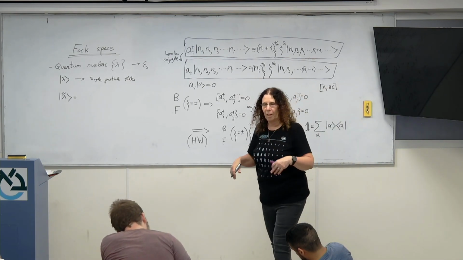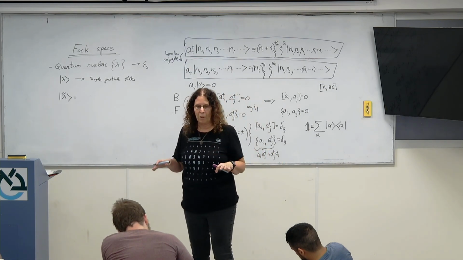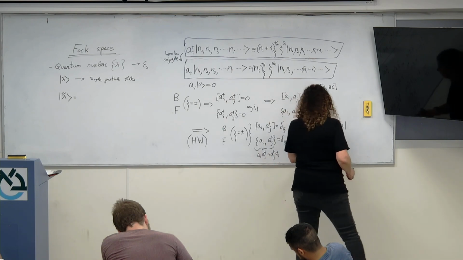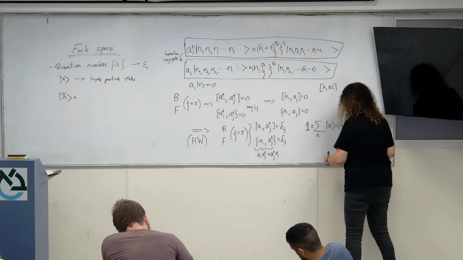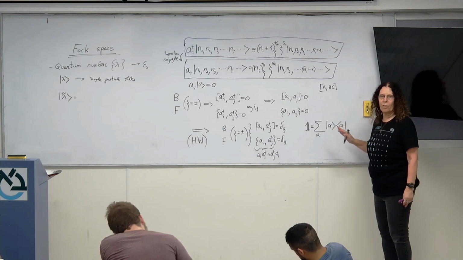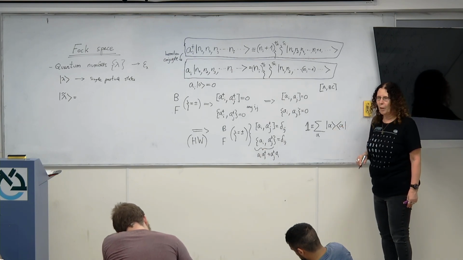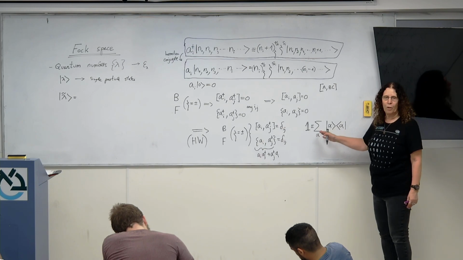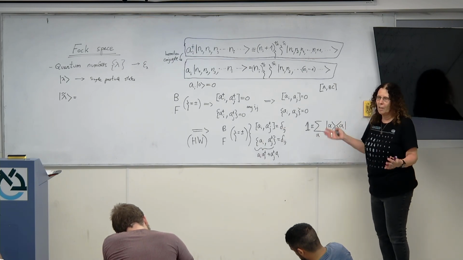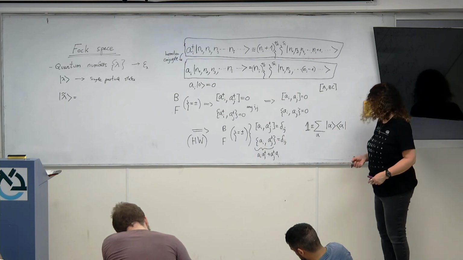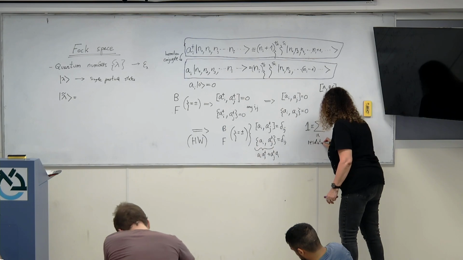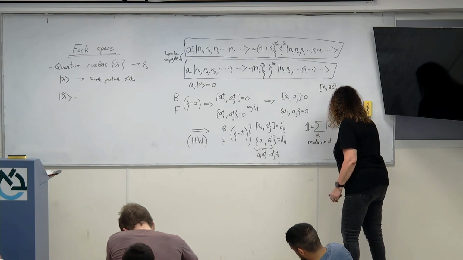It doesn't matter if it's single particle, many body, or whatever. You can write the identity operator as a summation of all the projectors onto the states alpha. If you convert it to a matrix form in the basis alpha, it will be a matrix that has 1 on the diagonal and 0 everywhere else. So this is called the resolution of identity.